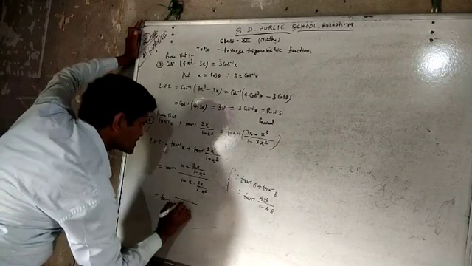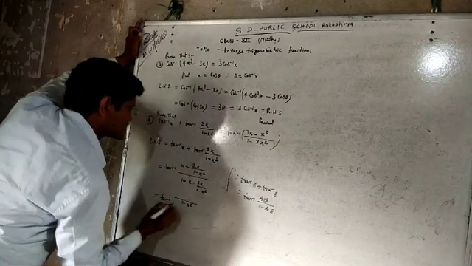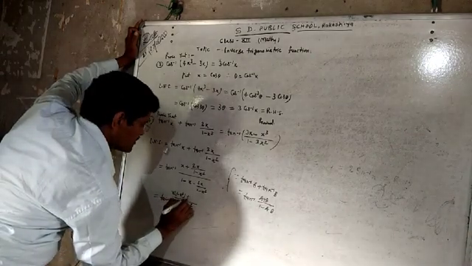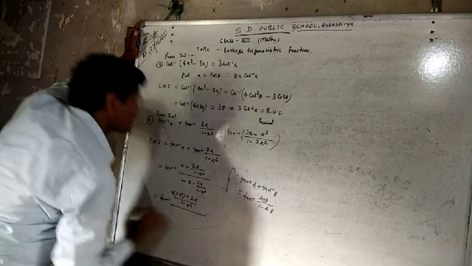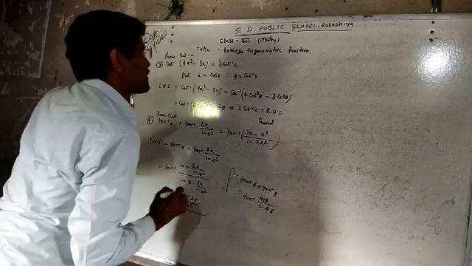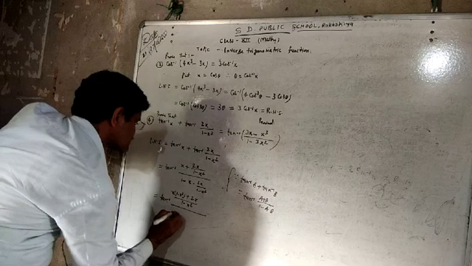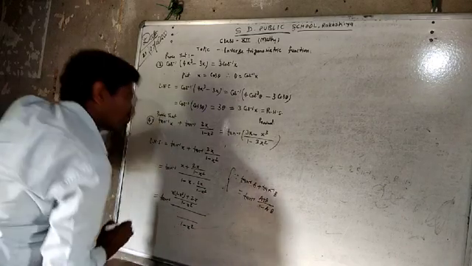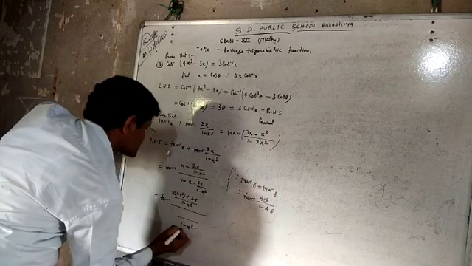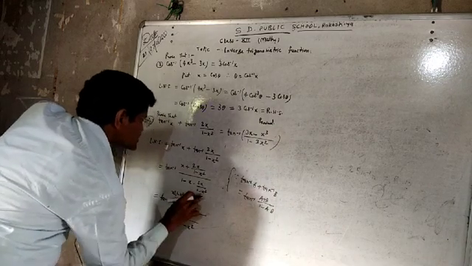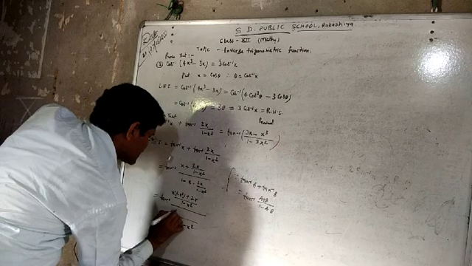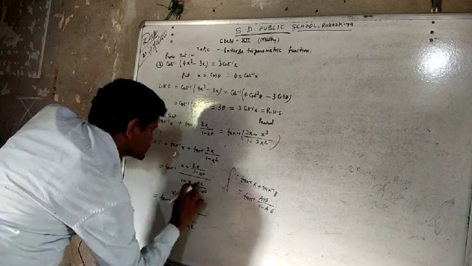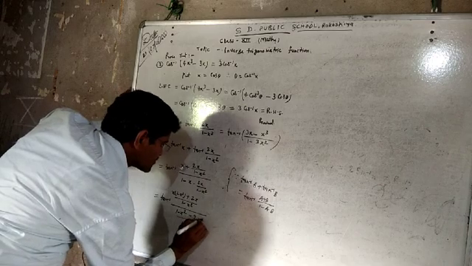The LCM of the numerator is 1 minus x square: x is multiplied with 1 minus x square plus 2x. The LCM of the denominator is also 1 minus x square, and 1 minus x square is multiplied with 1, hence 1 minus x square minus 2x square.